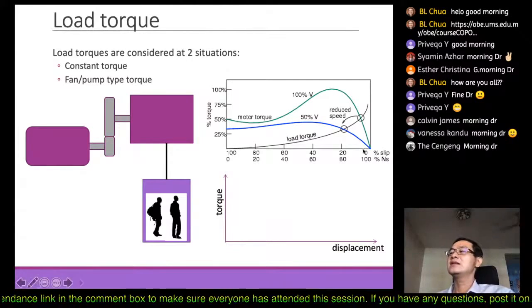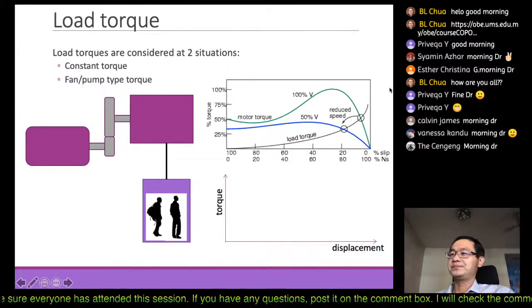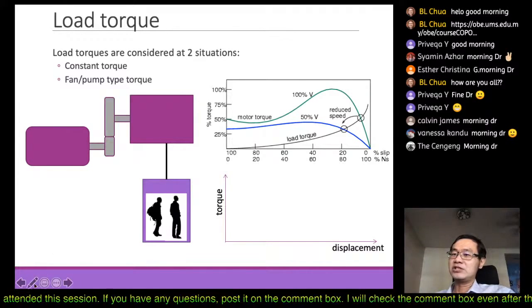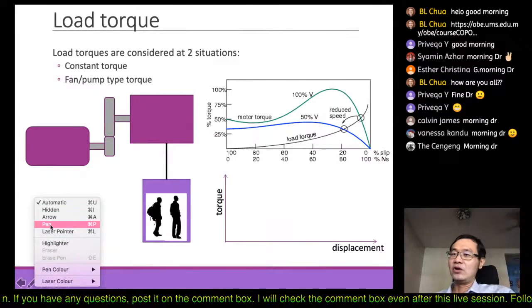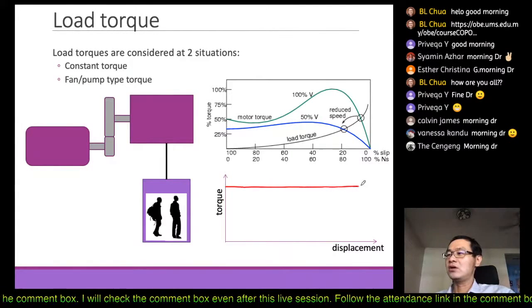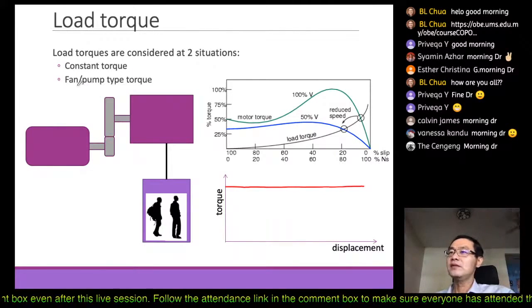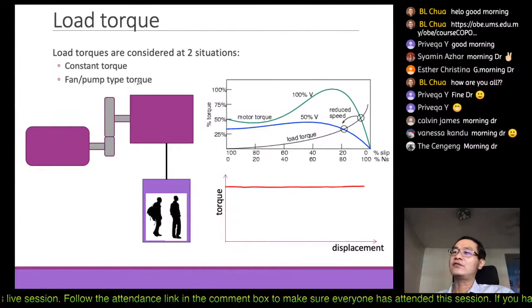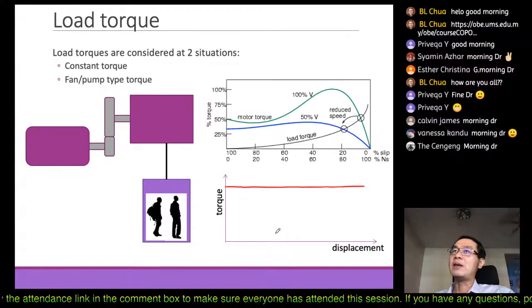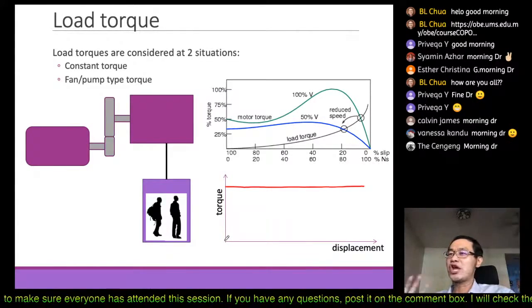In that case you can select the proper conditions for constant torque throughout the movement. Whereas for other types of torque, such as when we pump water and other things, it will start to change.